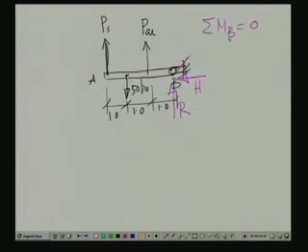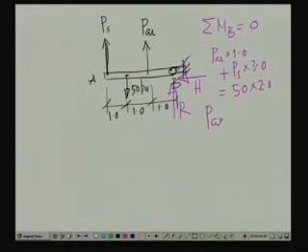This is one of the equilibrium equations, and this gives us P aluminum times 1 plus P steel times 3 is equal to 50 times 2, or P aluminum plus 3 P steel is equal to 100.